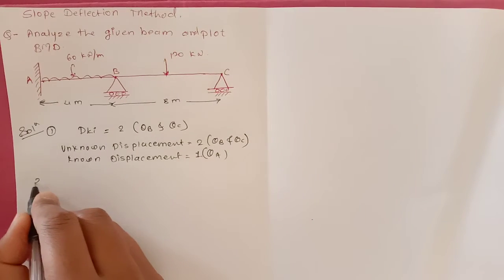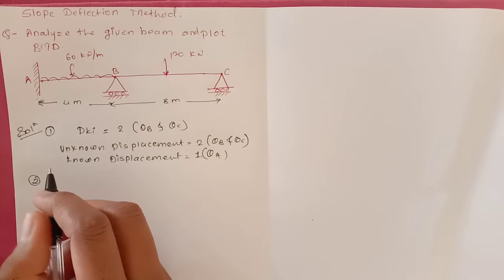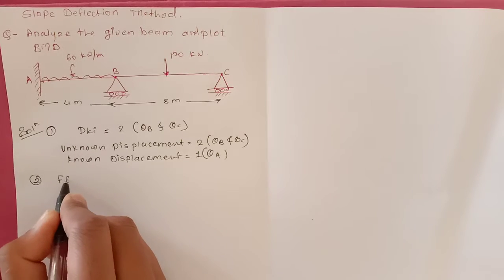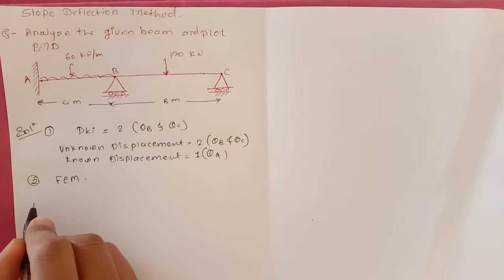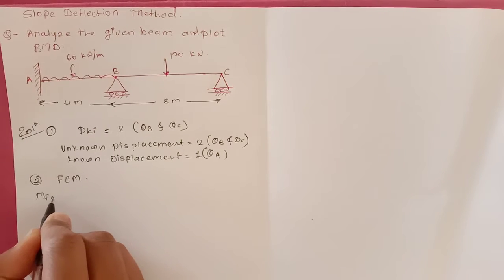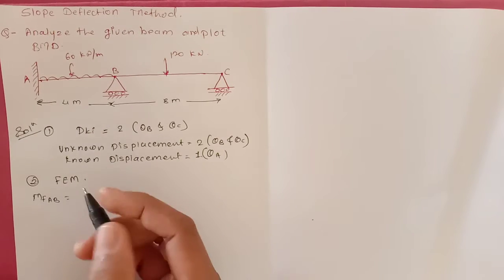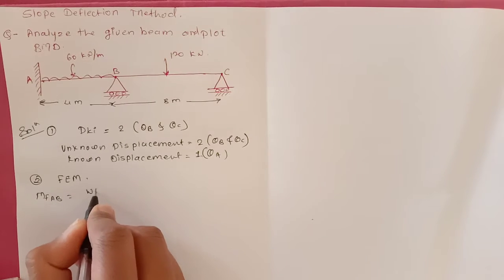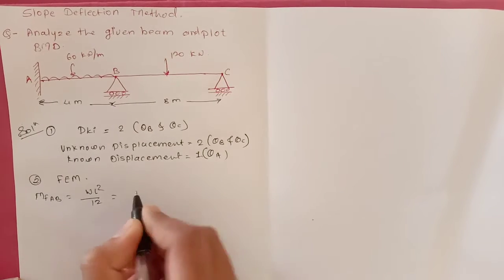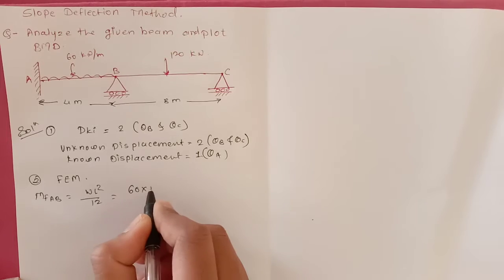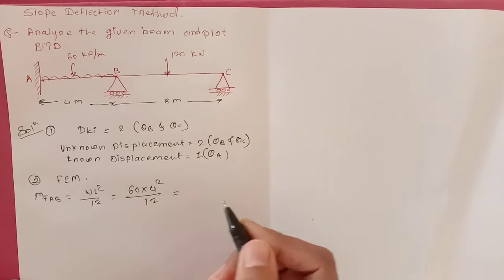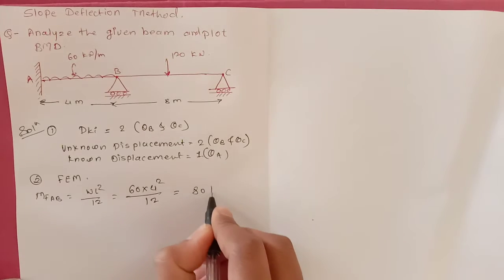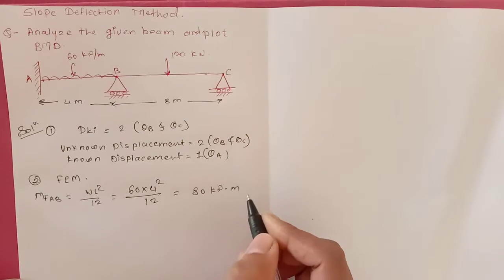Then the second step is to find the fixed end moments, that is FEM. The first member is AB. Fixed end moment for member AB, formula is WL square divided by 12. Here W is 60 and L is 4, so 60 multiplied by 4 square divided by 12, and this value is 80 kilonewton meter.